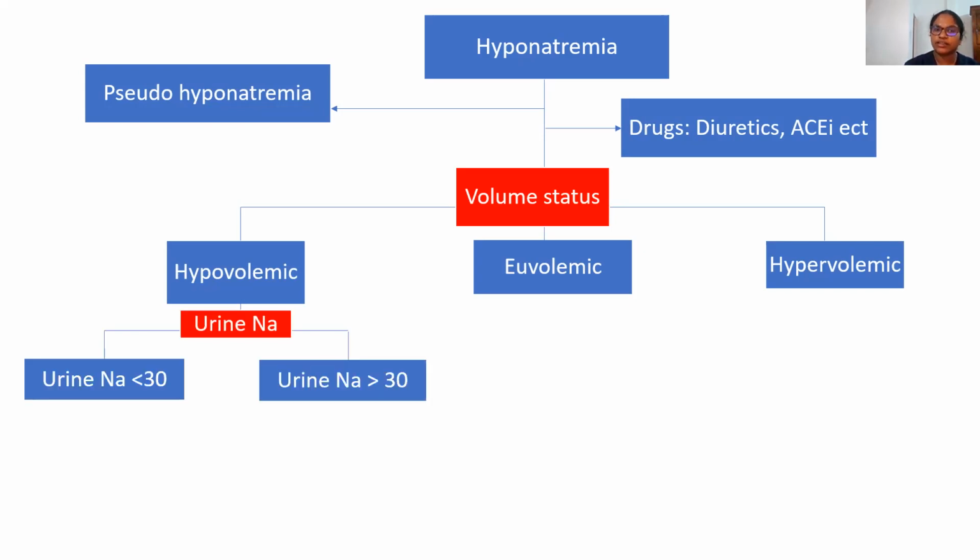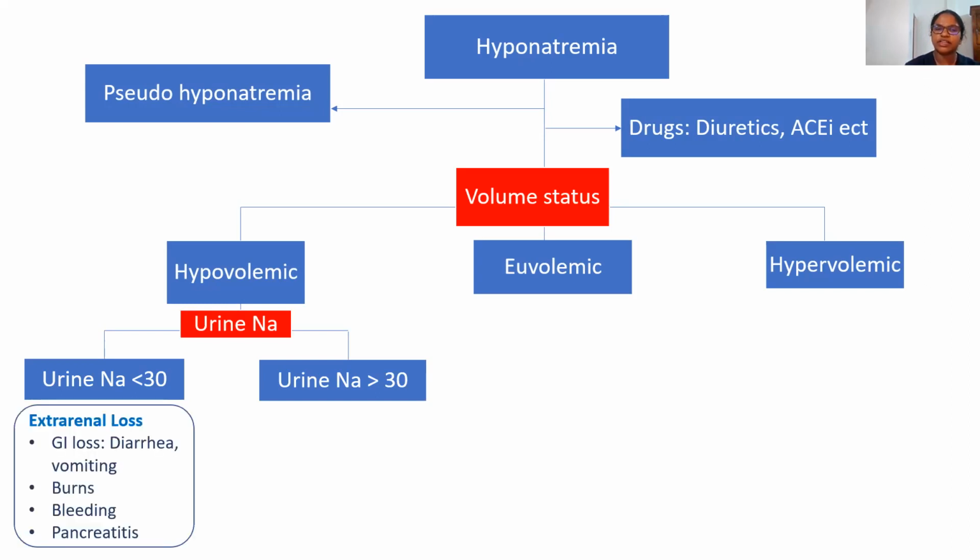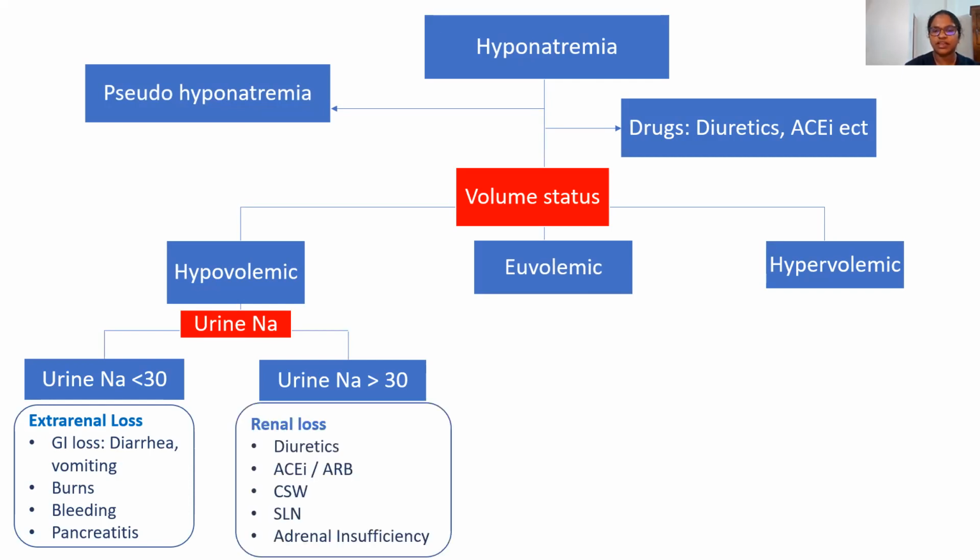As I have already discussed, if the urine sodium is less than 25 to 30, that is not renal loss, that is extrarenal loss, as in GI losses, burns, bleeding, or pancreatitis. If the urinary sodium is high, you know that the sodium loss is through the kidneys. So the causes would be diuretics, ACE inhibitors, ARBs, cerebral salt wasting, salt losing nephropathies, and adrenal insufficiency.